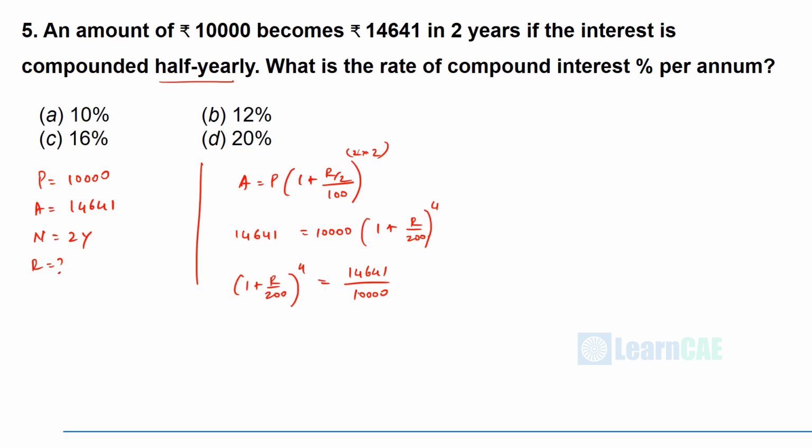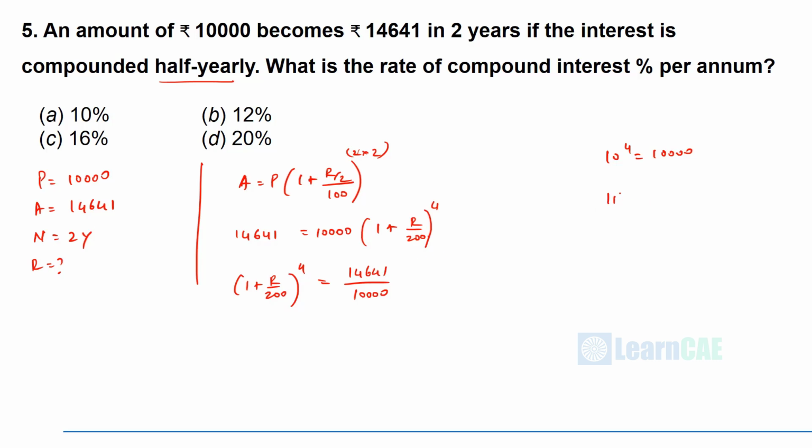In most cases for these kinds of problems, they would have given the numbers as a square or cube or fourth power. So we shall find which number's fourth power this term represents. We know that 10 power 4 is equal to 10,000. It is directly given. So this one should be either 11 or 12. Mostly the last digit is 1, so it should be 11 power 4.